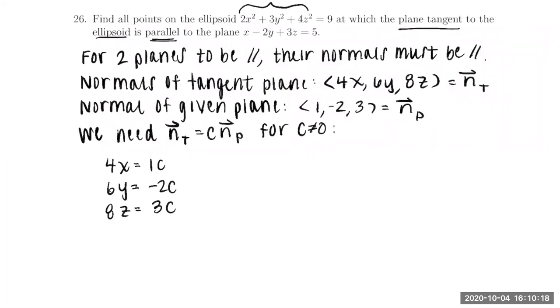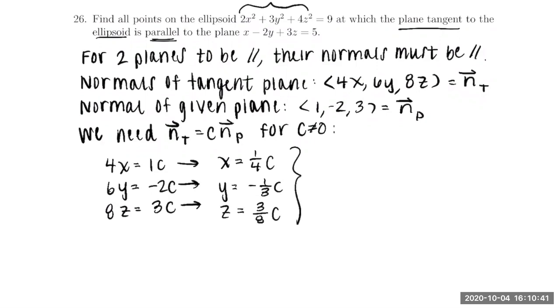So what that tells me is these coordinates x, y, z need to lie on the ellipsoid. So what I'd like to do is solve for x, y, and z. x is 1/4 c, y is -1/3 c, and z is 3/8 c.